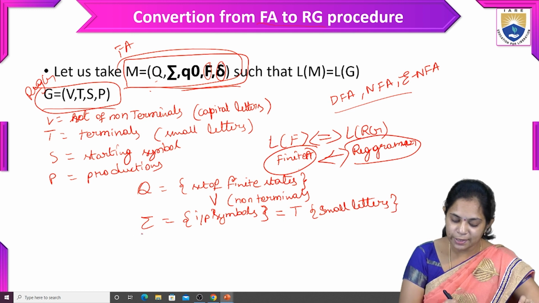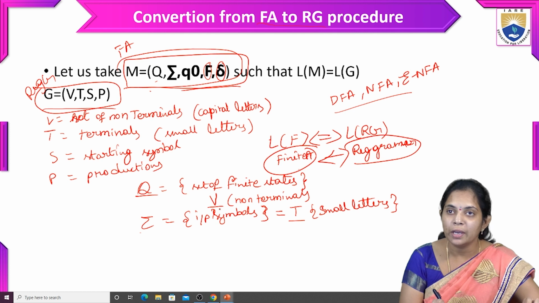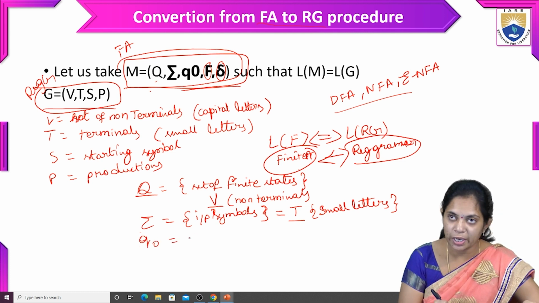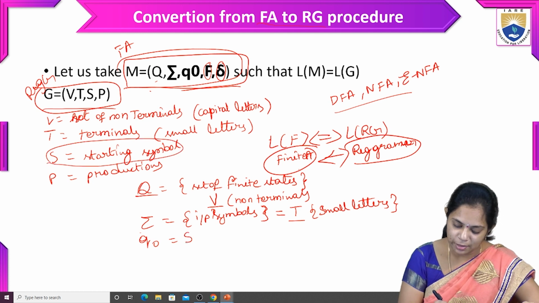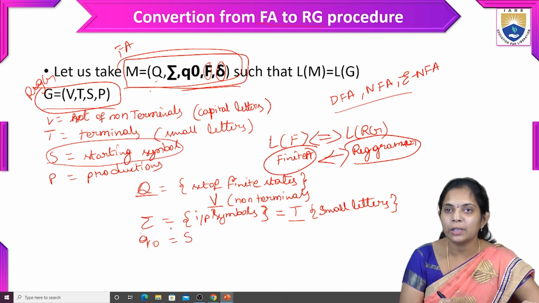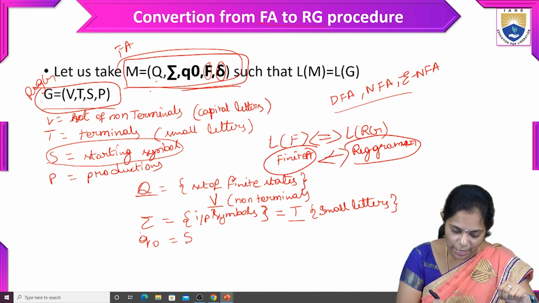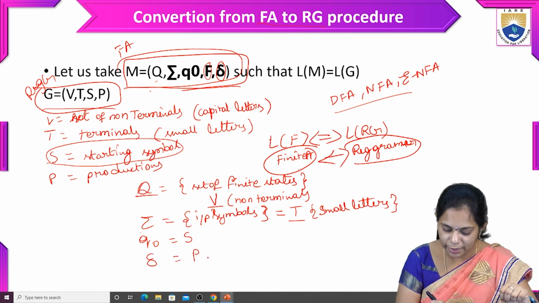So sigma is equal to T and Q is equal to V. And one more, q naught is the initial state. Here the initial state we will represent as S. So q naught, the initial state, is equal to the starting symbol. And delta, the transition function, is equal to the productions.